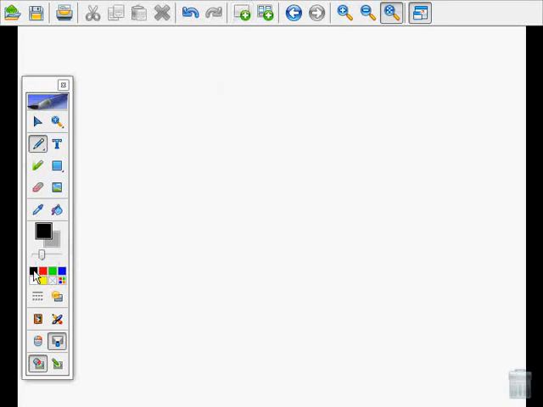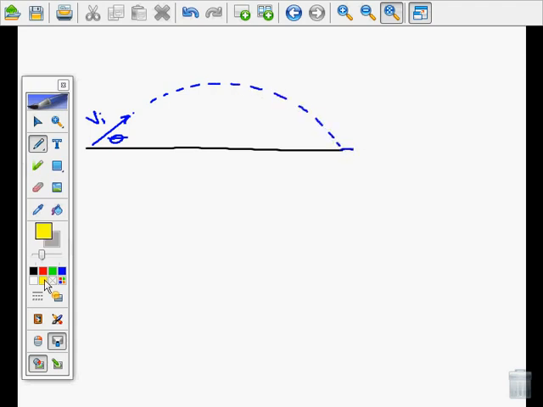Now, with the other problem, if you want to calculate how high the object goes, the maximum x y, and you want to calculate how far it goes, x x max, you start off the problem the same way.